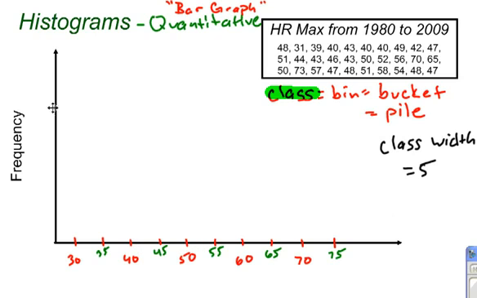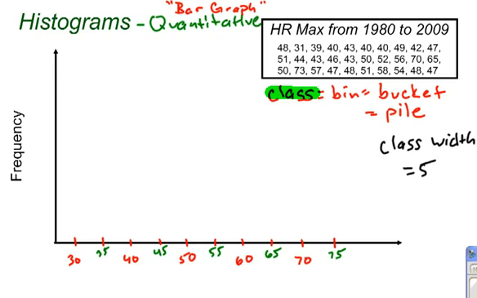Okay, so let's start to put these bars for the histogram into the display here. Well, up here I've got the maximum number of home runs from 1980 to 2009. I'm just going to go through my list, and I'm going to figure out how many of these numbers fit into the class from 30 up to but not including 35. 35 is the beginning of the next class, so I do not include 35.